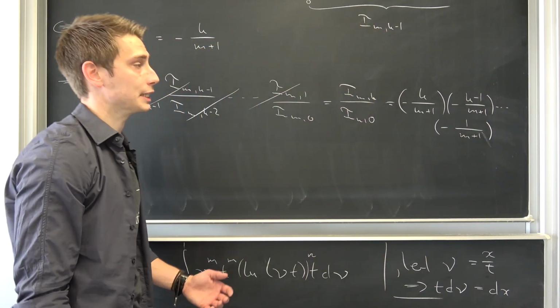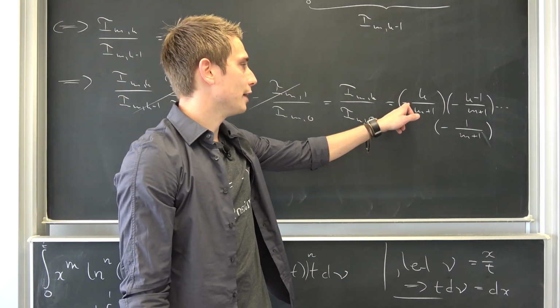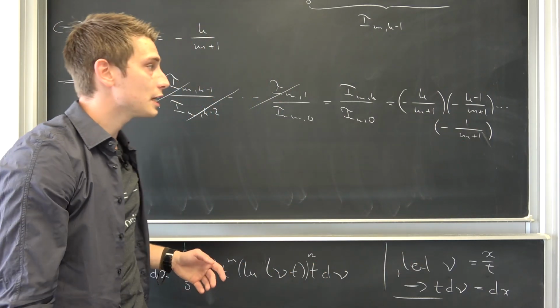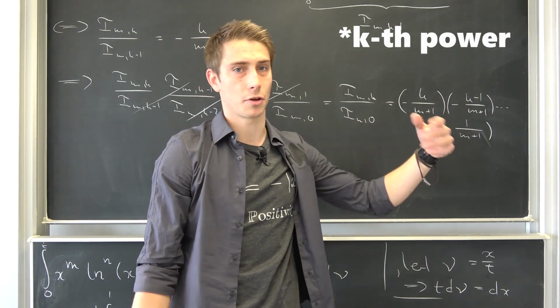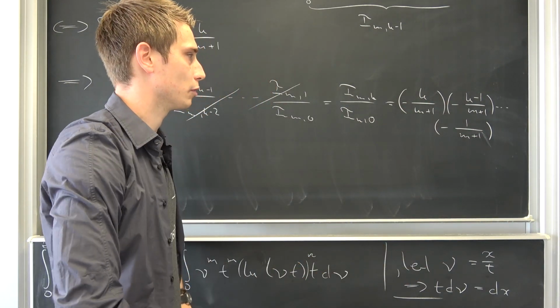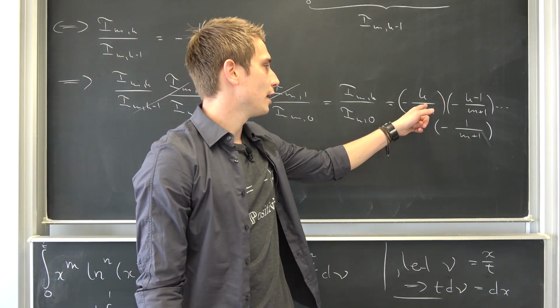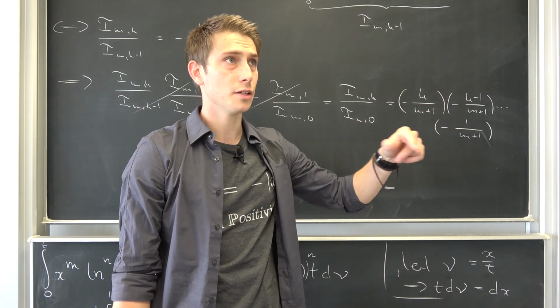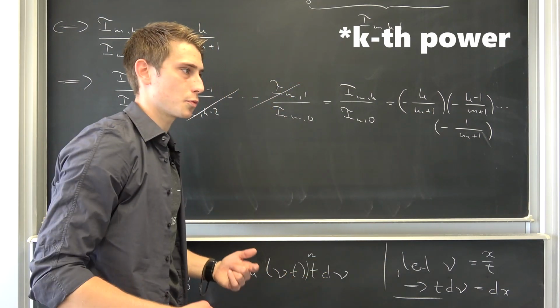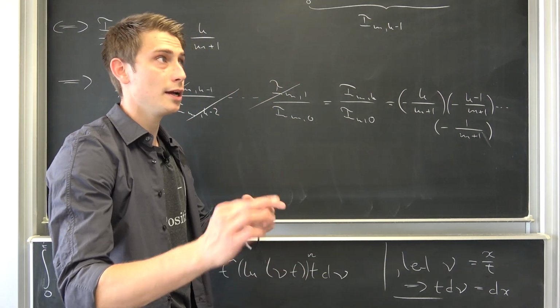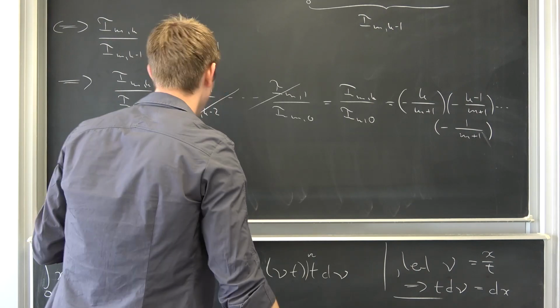And this is just absolutely nice, because now we have negative 1 to the k minus 1th power. This is what we have, or k plus 1th power, it really doesn't quite matter, it's an equivalent formulation. Also we have 1 over m plus 1 to the k minus 1th power, and also we have k times k minus 1 times k minus 2 up until 2 times 1, that's just k factorial, okay?